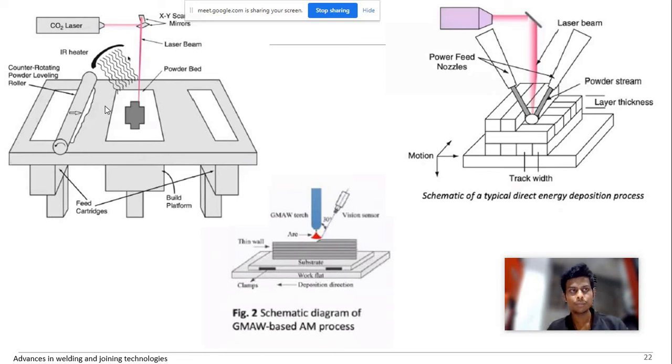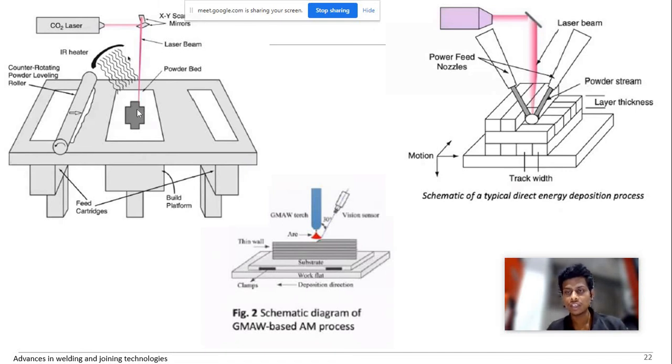Again, based on the slice information the laser is used, and because of that melting and coalescence will happen, and there are many other bonding mechanisms also.